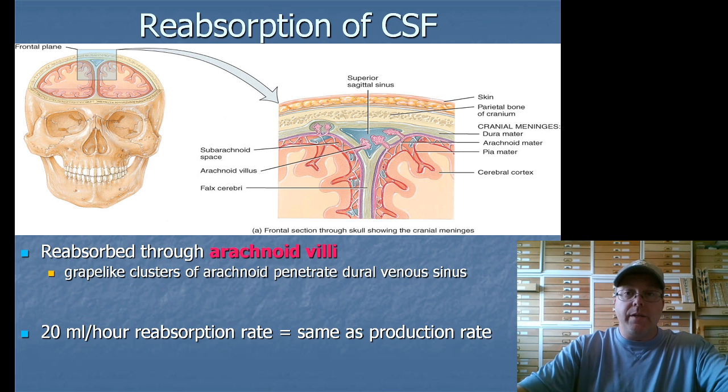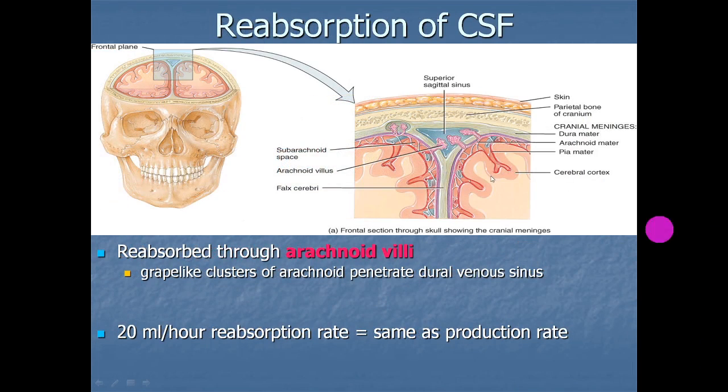So here is a good picture of these arachnoid granulations. It says the arachnoid granulations contain arachnoid villi that are grape-like clusters that are going to reabsorb the cerebral spinal fluid. Now look at this.